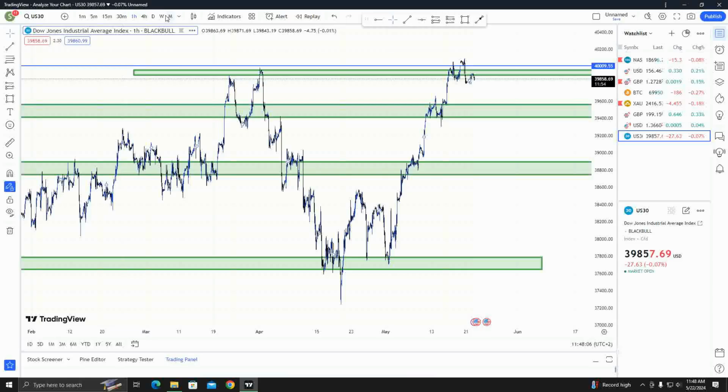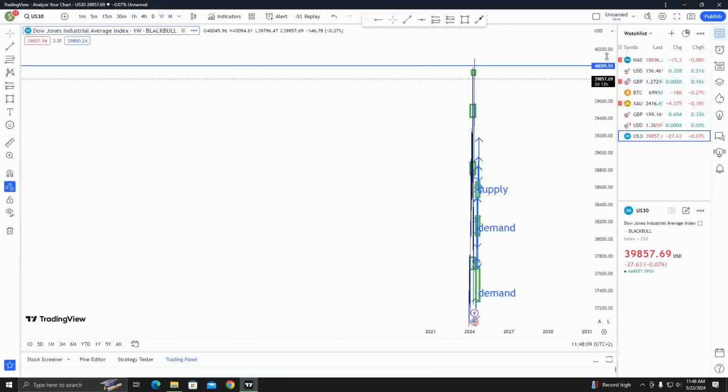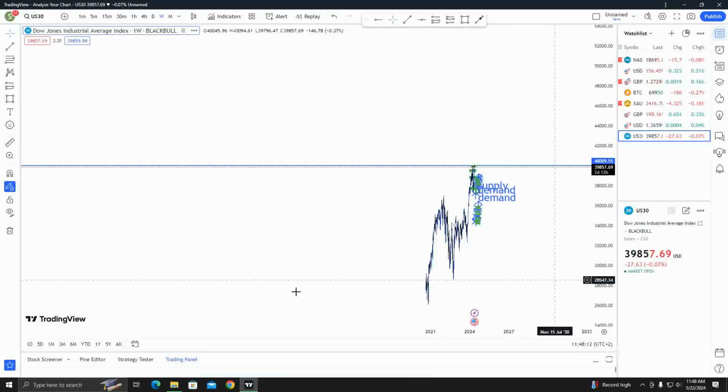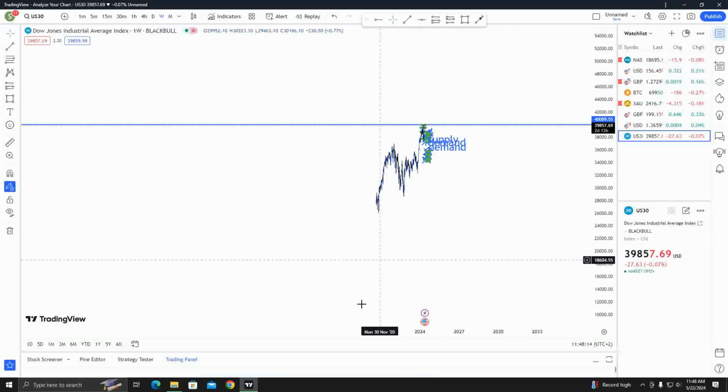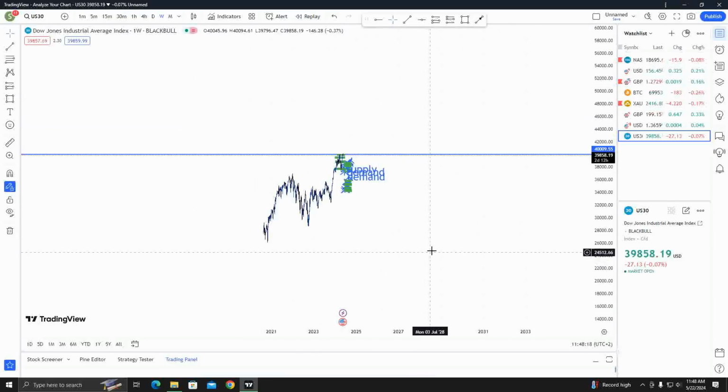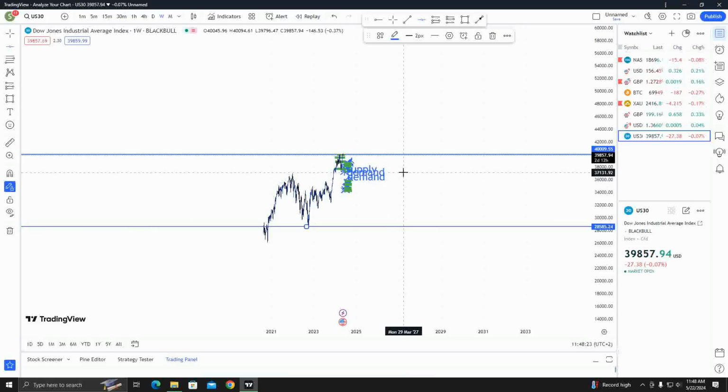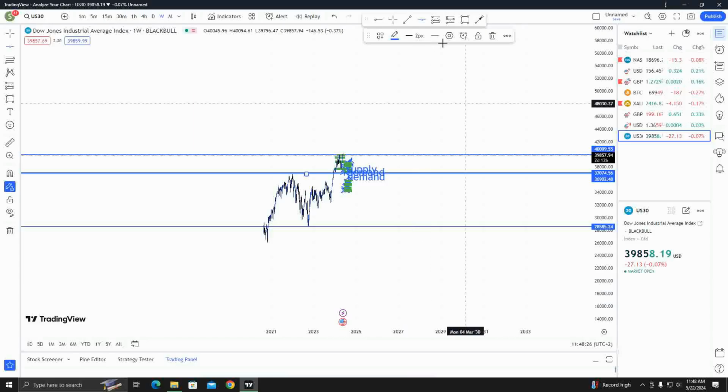So basically a resistance line is something like this. Here you can spot a resistance line, and here's another one. A resistance line simply represents that when a price touches a certain level, it will react according to what the history has told, or if the price had been respected before. So that's how you can spot a resistance line.